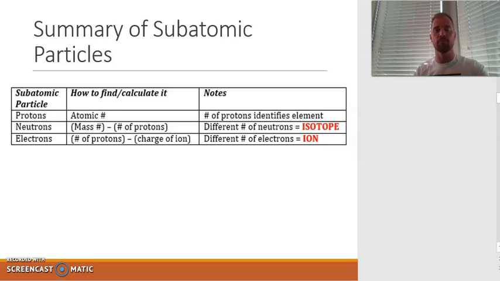Remember, if your number of neutrons is different than what would normally be on the periodic table, that's how you know you have an isotope. And to calculate electrons, we can use the equation we just saw: number of protons minus charge. If you have a different number of electrons compared to the number of protons, that would mean you have an ion, either positive or negative.